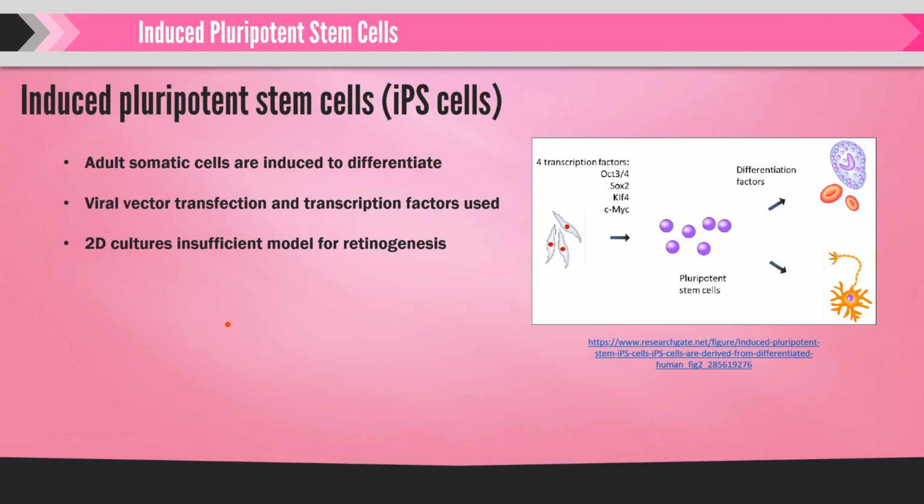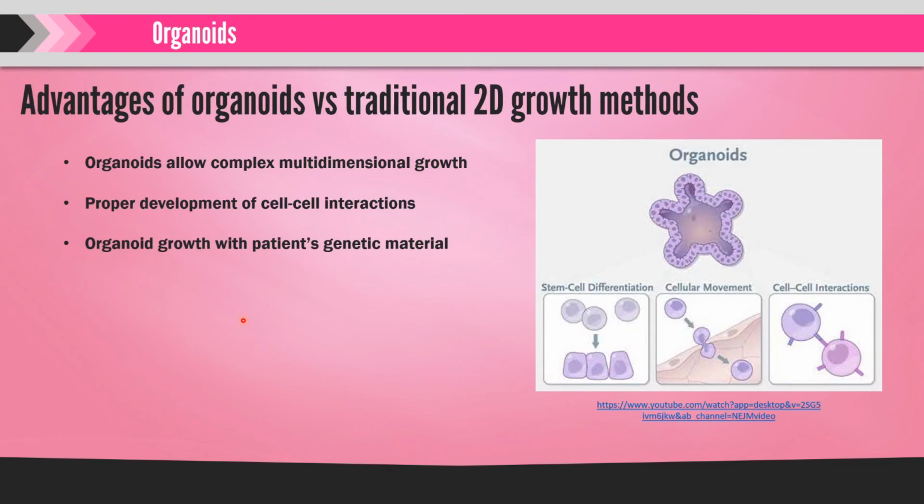Now, relating this back to retina cells, we run into some problems: creating the environment of the eye, that three-dimensional structure, is nearly impossible on, say, a petri dish, to get accurate retinogenesis of these cells in their normal environments, where they would be surrounded by other cells with complex cell-to-cell interactions. Researchers solved this with the development of organoids.